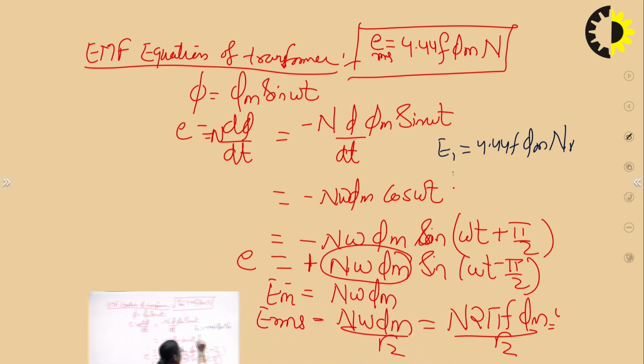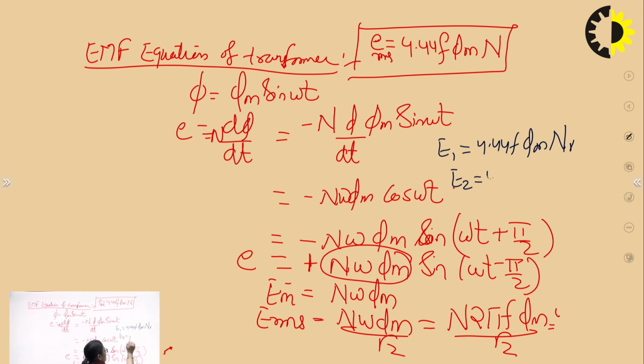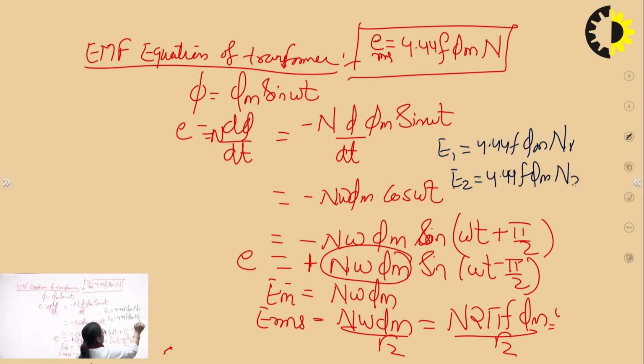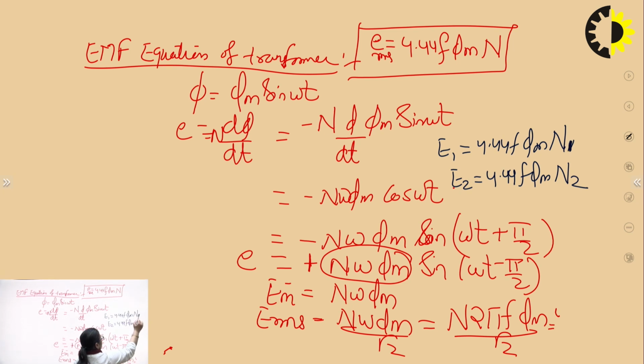Similarly, if I say E2 is the induced EMF in the secondary, it will be given by 4.44 f phi m n2, as n2 is the number of turns in the secondary. And the generalized expression is what we have discussed. So, that is the induced EMFs for the transformer.